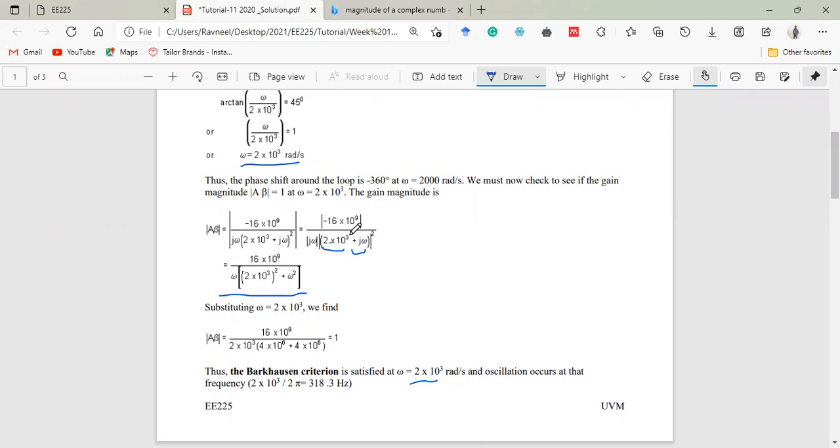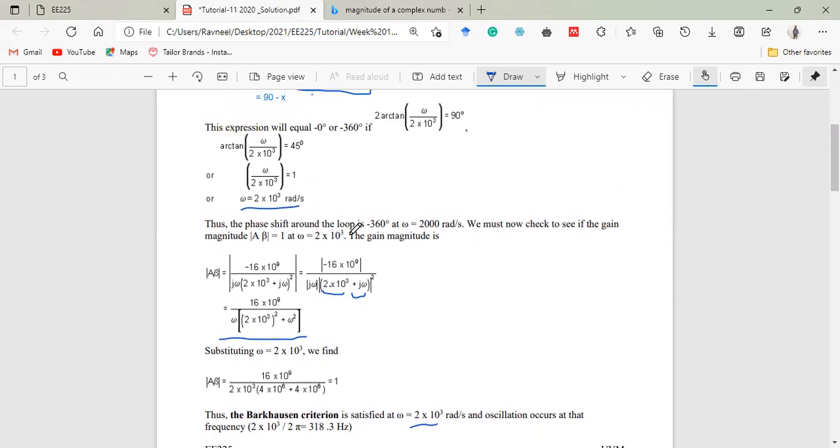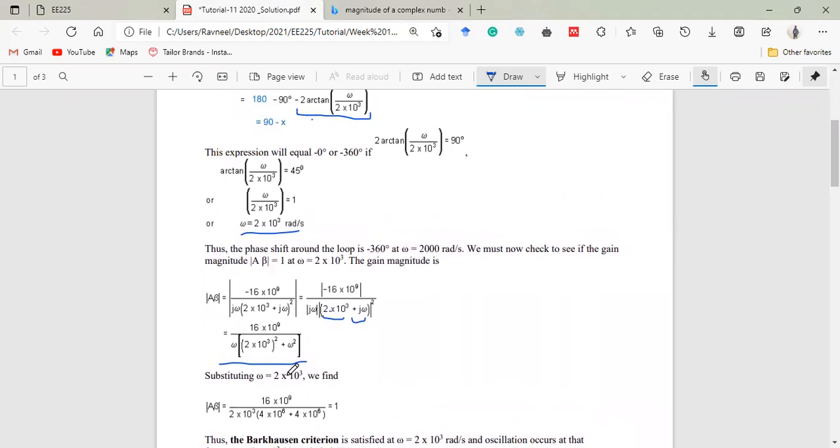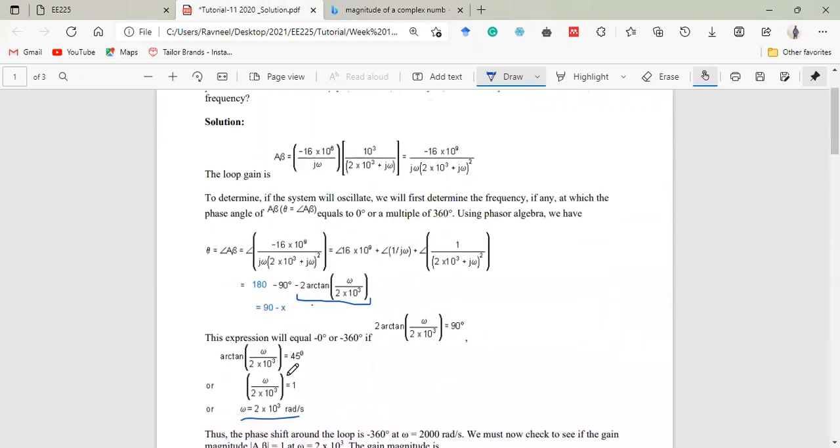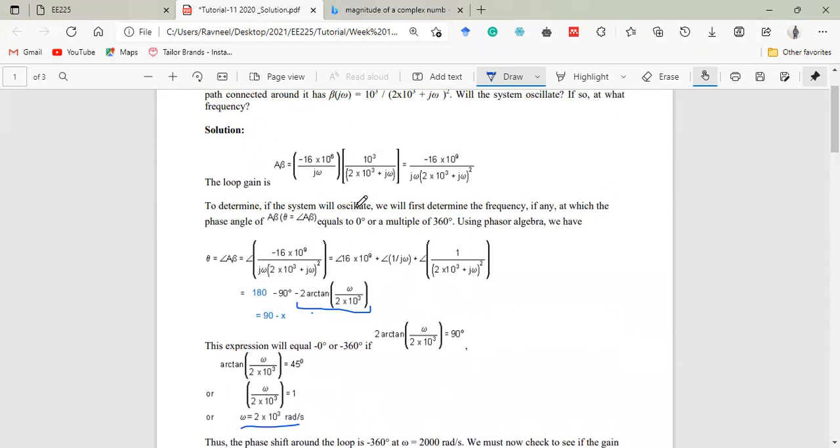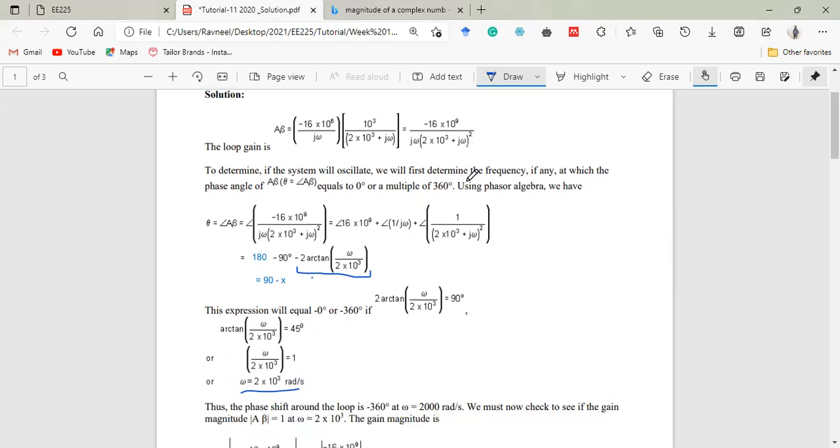So you could have also done it the other way around. What you could have done is find the magnitude of this A times B, the magnitude of loop gain equivalent to 1, and solve for omega in that particular case. And whatever omega you have, you take that omega and substitute it into the phase formula and check whether you're getting a phase difference of 0 degrees or not, right?